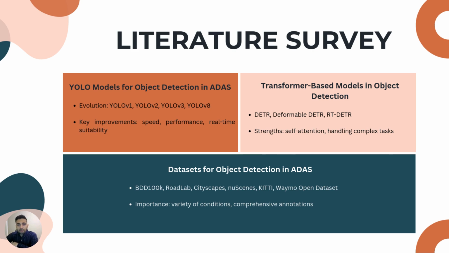The nuScenes dataset, which was 360-degree sensor data for 3D detection. And the KITTI dataset, which was a benchmark for 2D and 3D object detection. And finally, the Waymo Open dataset, which focuses on urban object detection.